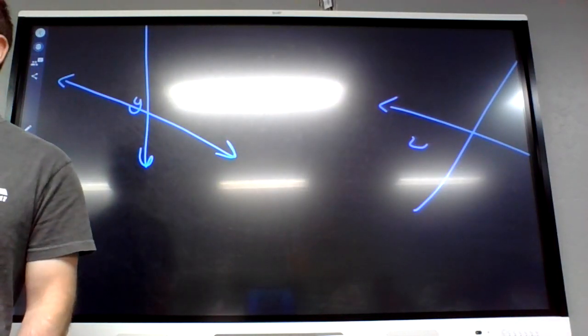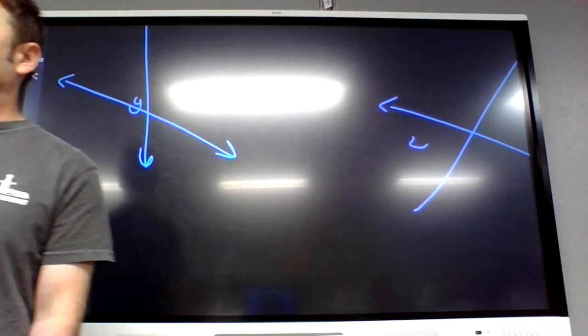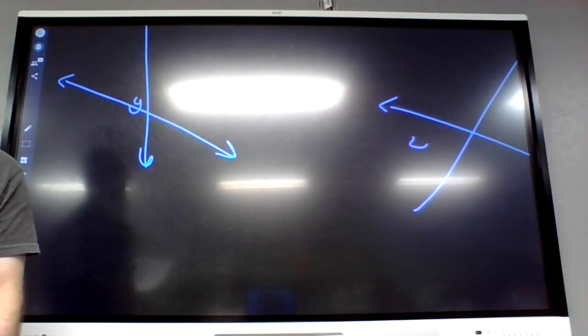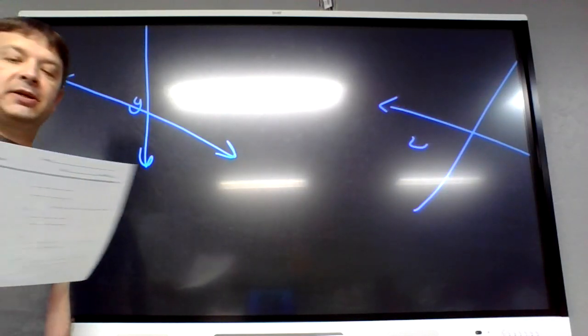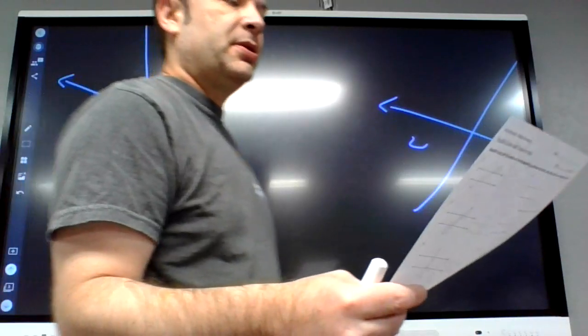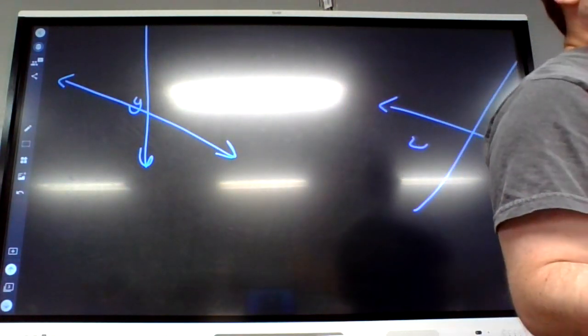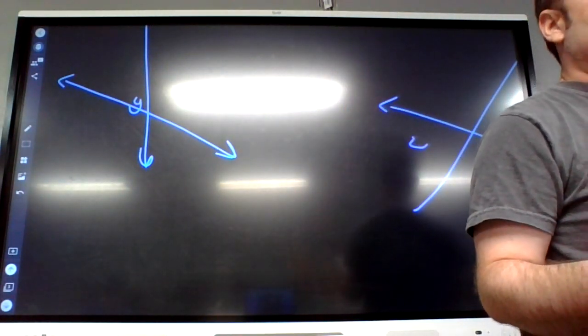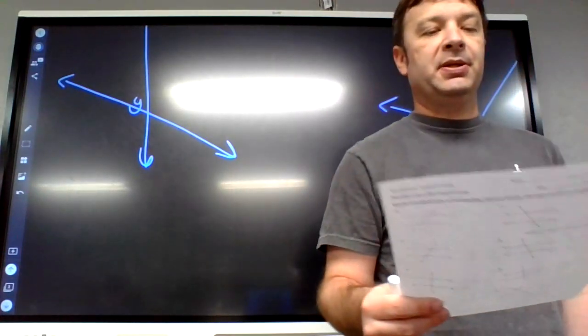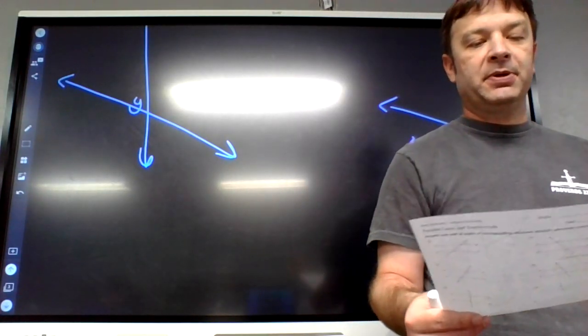Number 9. Jackson, what kind of angles are those on number 9? They are consecutive interior, that is correct. So they're right next to each other, that's kind of what consecutive means. And they're interior, inside the parallel lines.